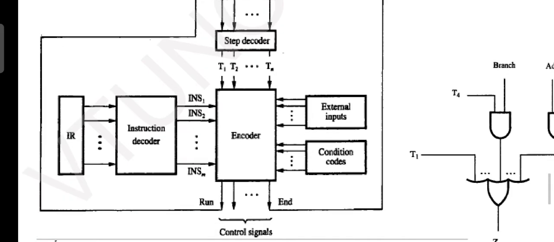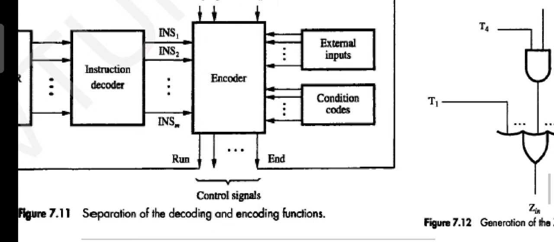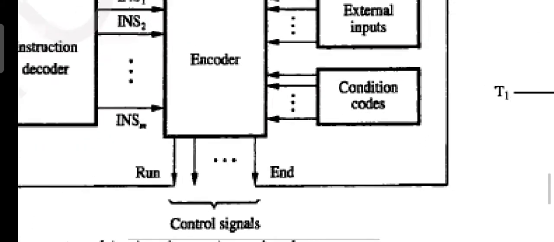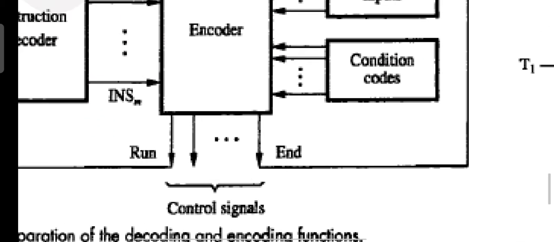And finally, this is the outcome, control signal. Here the outcome is at the bottom, you can see, control signal. Here we will get the control signals as I told you earlier, R1 in, R3 out, Z in, Z out, select 4 or select Y, whatever the control signal it is, it will be generated in the particular sequence.